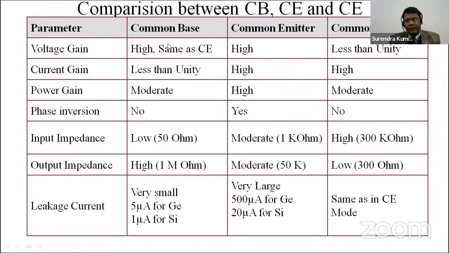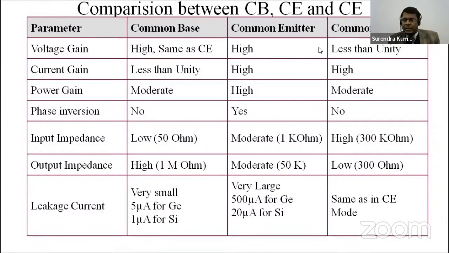Otherwise, we have a high voltage gain and moderate power gain. In common emitter configuration, voltage gain is high, current gain is high, and power gain is also high. So this common emitter configuration is best suited for the amplifier circuit. So it can be used as an amplifier.